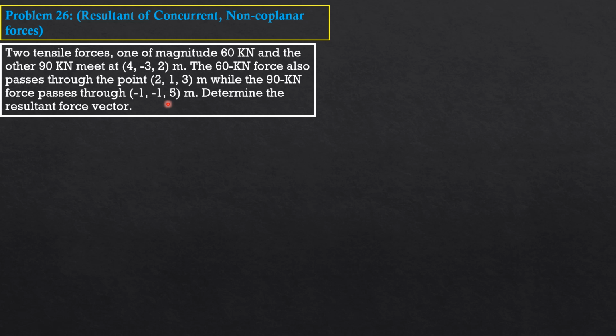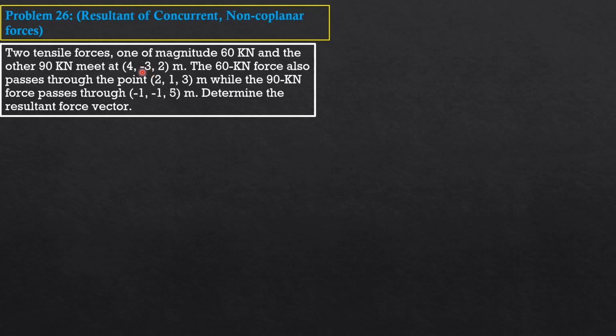according to the formula on force resolution: magnitude of force divided by the distance where that force is directed, times the quantity x component of the position vector i, then y component j, plus z component k. Those components are simply the terminal coordinates of the point minus the initial coordinates.